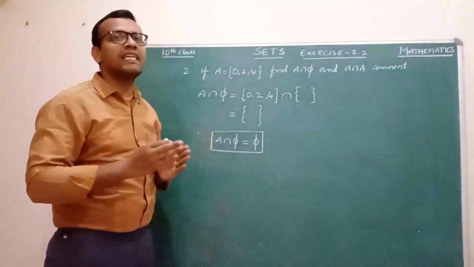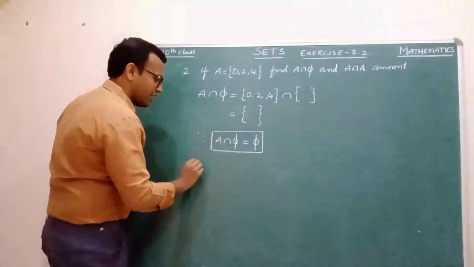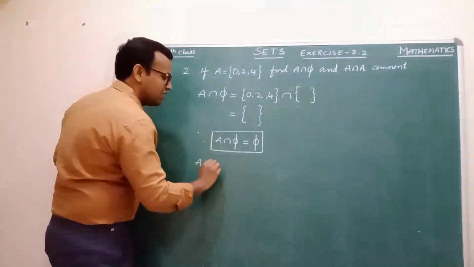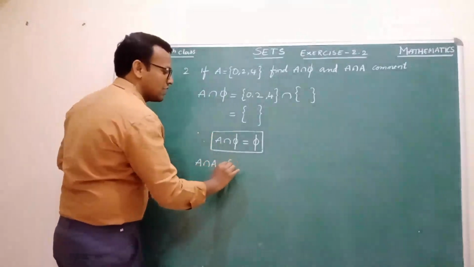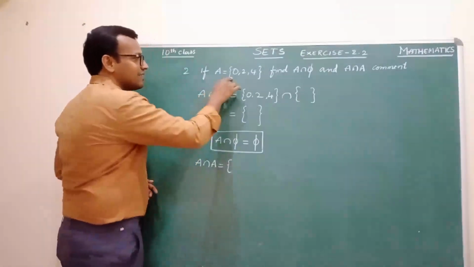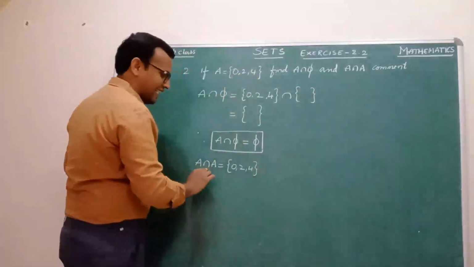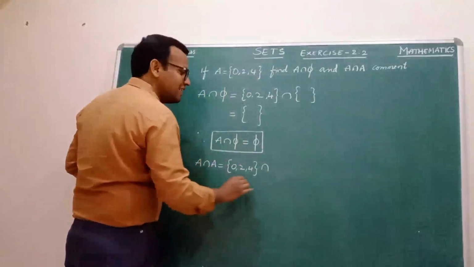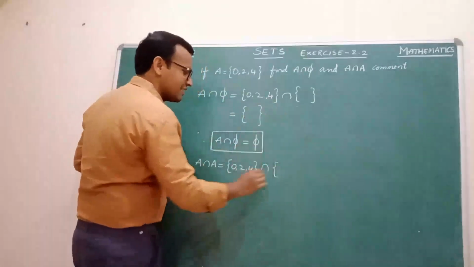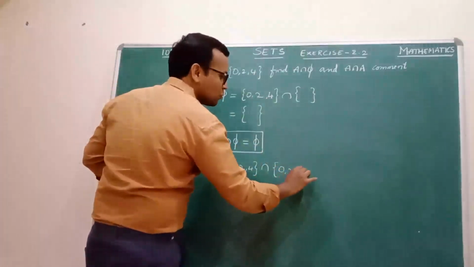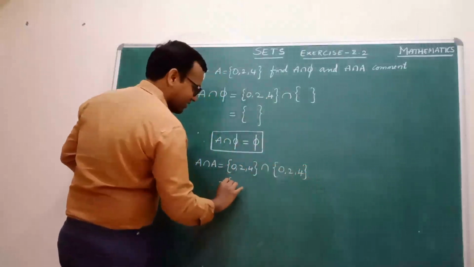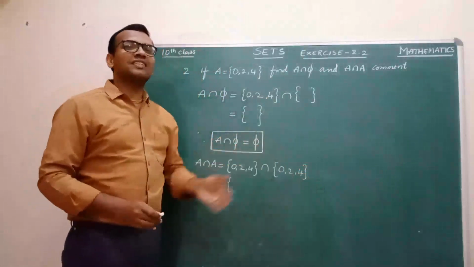Let me find A intersection A. A intersection A is equal to the set of, what is set A? 0, 2, 4. Let me write. Intersection of, again A, means the same set again. 0, 2, 4. So what are common in both the sets?